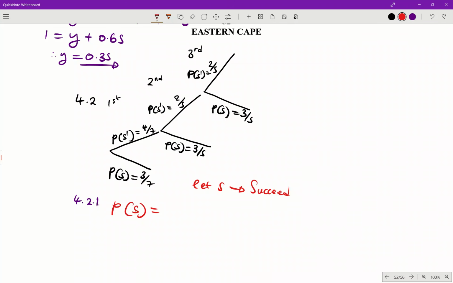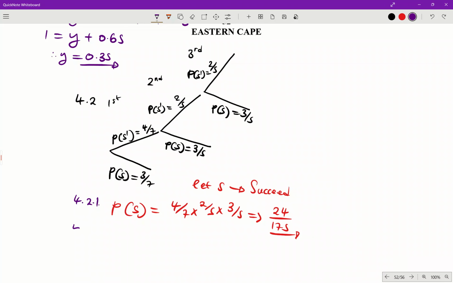So now the probability of succeed is just going to be 4 over 7 multiplied by 2 over 5 multiplied by 3 all over 5. So 4 over 7 multiplied by 2 over 5 multiplied by 3 over 5. The answer that I have here is simply 24 all over 175. So this is your answer.